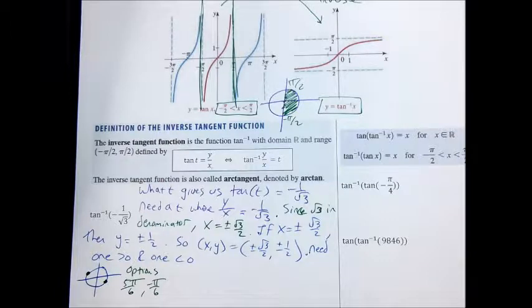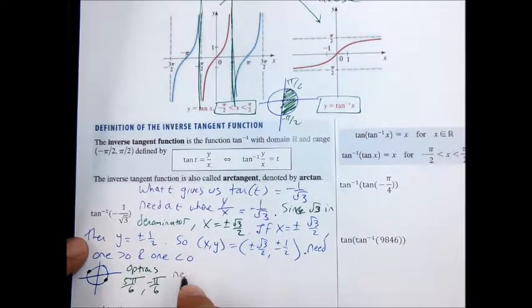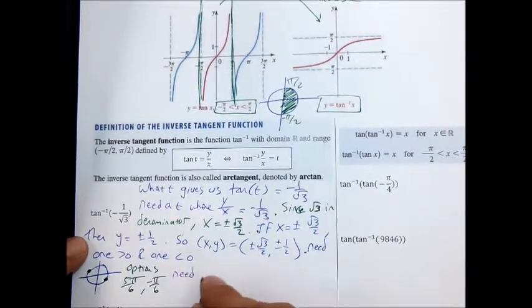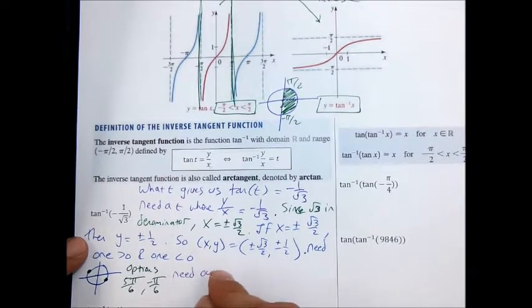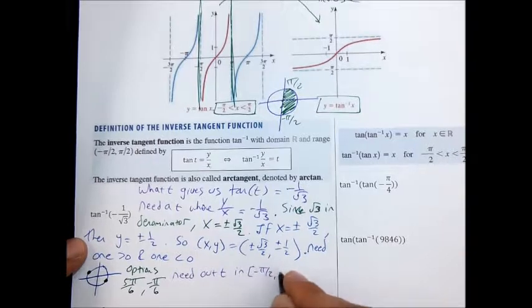And we want to choose the one that's between minus pi over 2 and pi over 2. And so which one is that? The negative one. Very good. So we need our t to be between minus pi over 2 and pi over 2.